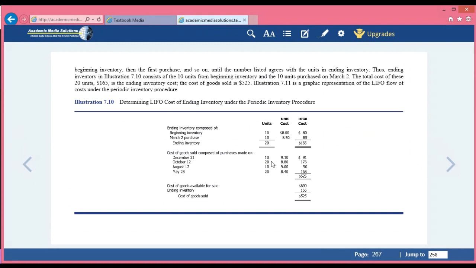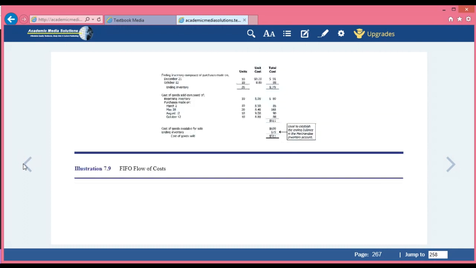Now this one ties in with the numbers. They count the 20, the 10, the 20, and the 10 as cost of goods sold. They go back to the very first two entries in that chart. Let's go back one more time. You see here the 10 and the 10, the last two that came in, they counted all of those as 10, 10, 20 as sold.